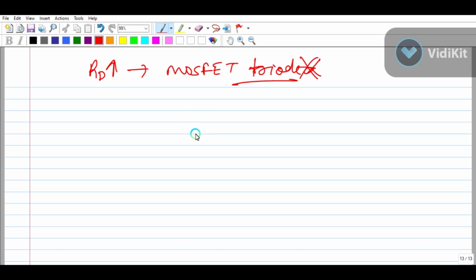So how can it go into the triode region? Let me explain. The condition for the MOSFET to be in saturation is this, right? And you know VDS is equal to 2 minus ID into RD.